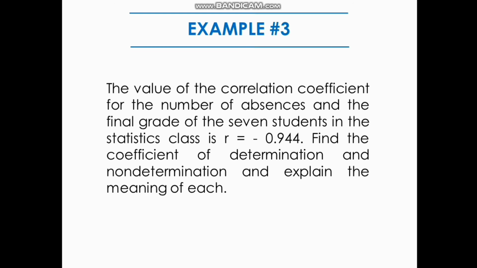So for this example, correlation coefficient is given. So we don't need to find the total and explained variation since r is already stated in our problem, and we just need to square it to find the coefficient of determination.